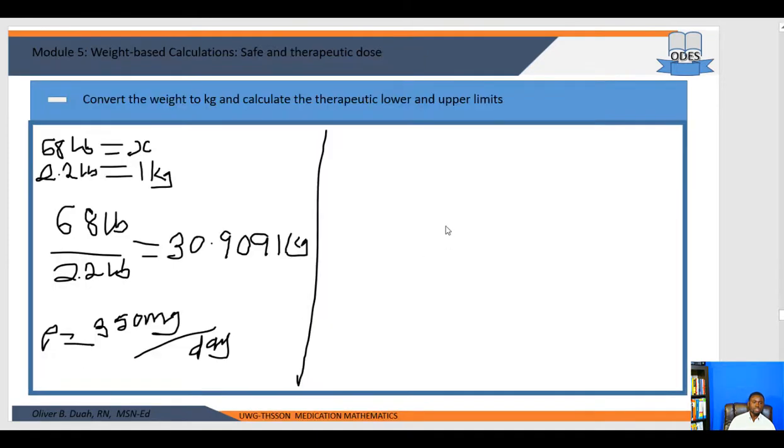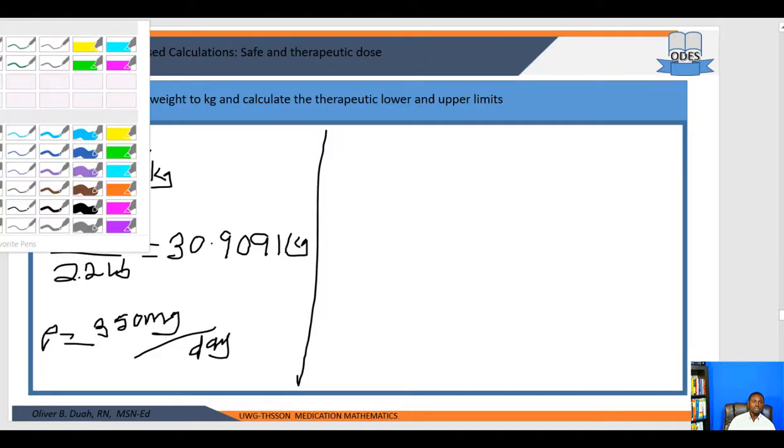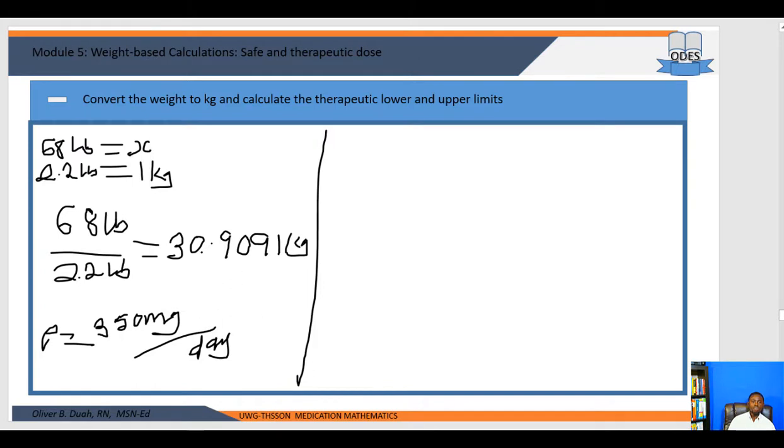So let's calculate the dose range using our weight to see if we are going to have a safe medication. So what we would do is multiply our weight by the lower limit. So we are going to have 30.9091 kilograms multiplied by 10 milligrams per kilogram per day.